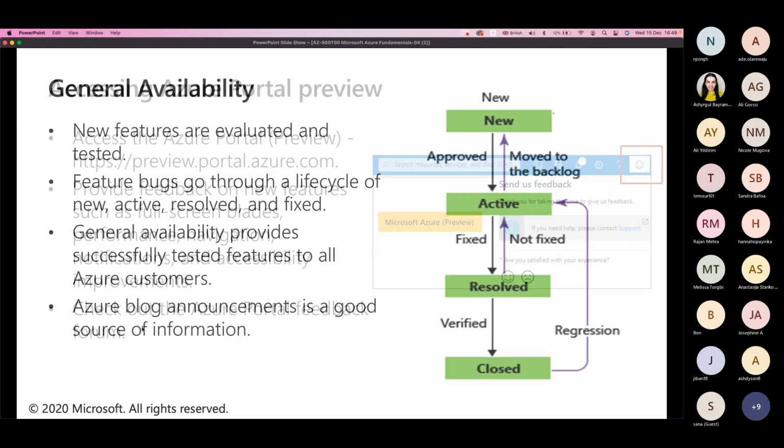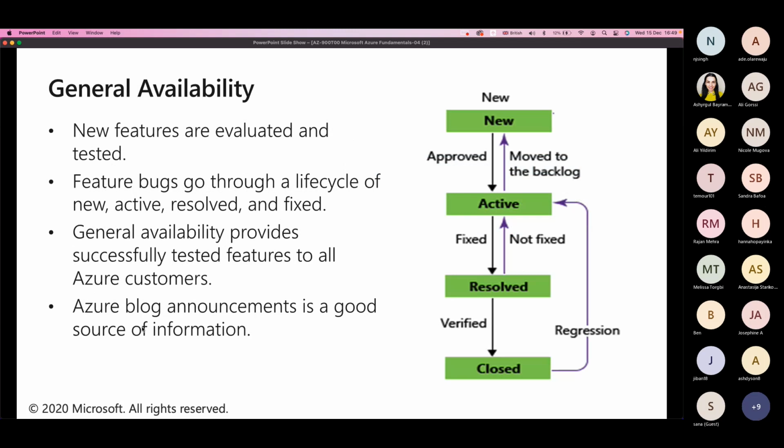In terms of general availability, I think some of you came across this one. It's new features that are evaluated and tested. Feature bugs go through a life cycle of new, active, resolve and fix labels.